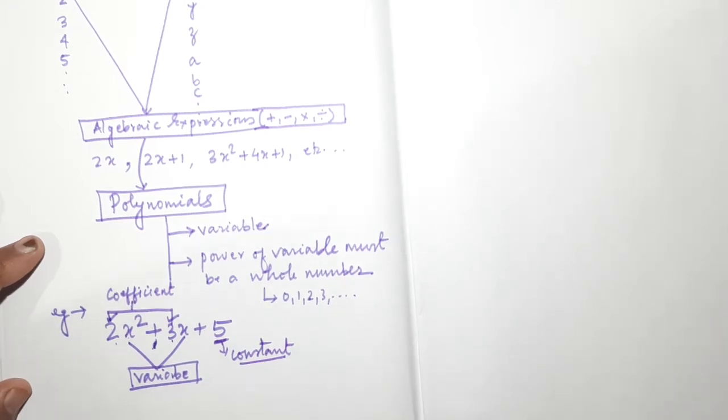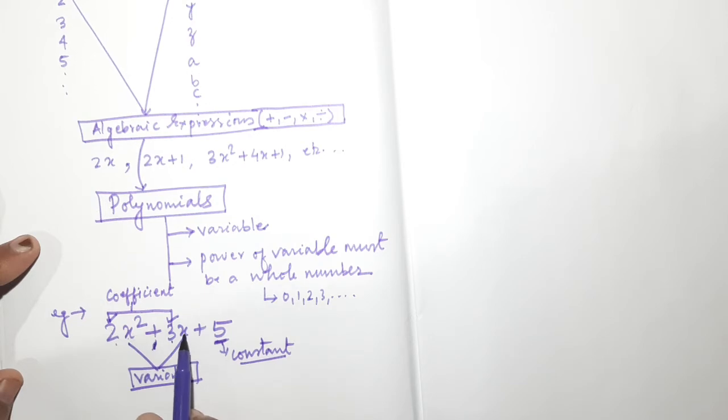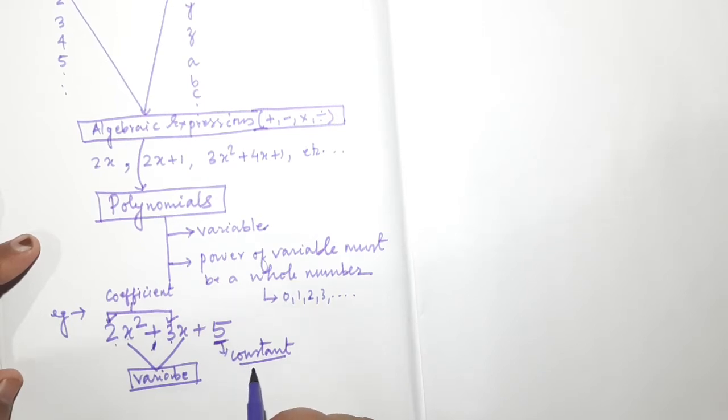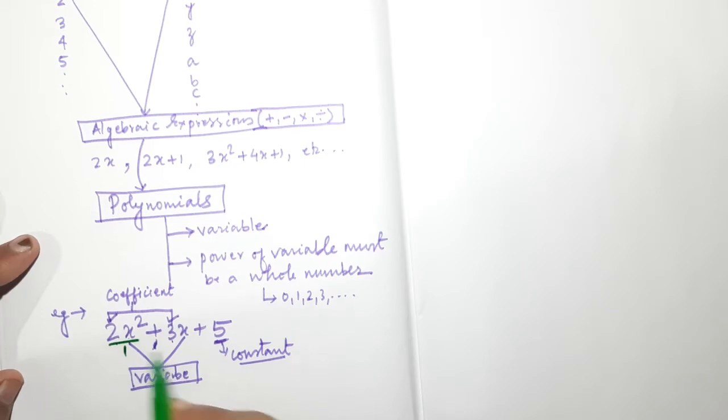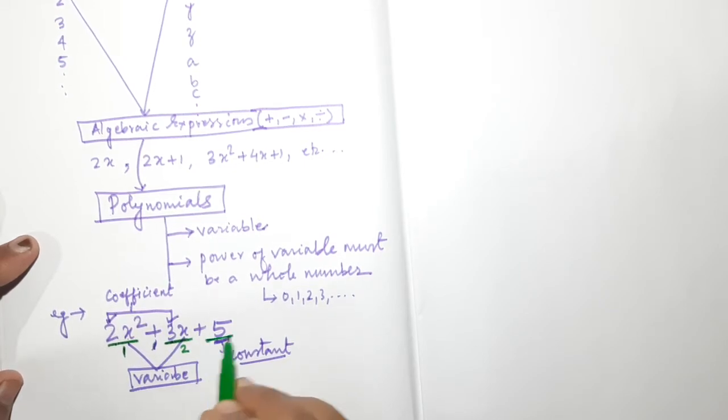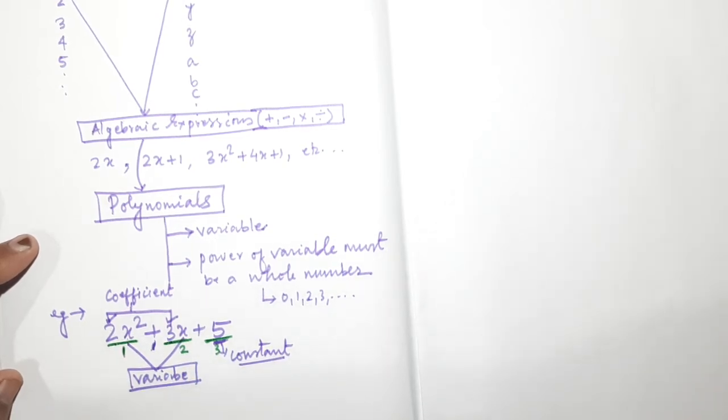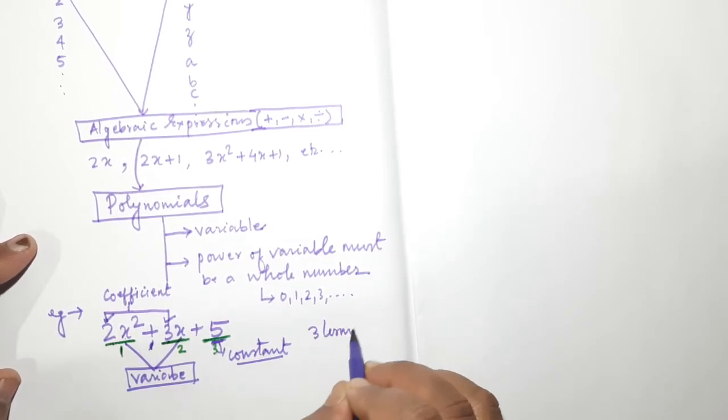So here, children, there are three things: the variable x, the coefficients with the variable, and a constant without any variable. At the same time, you can see 1 term plus another plus another, so how many terms are there? There are 3 terms in this example.